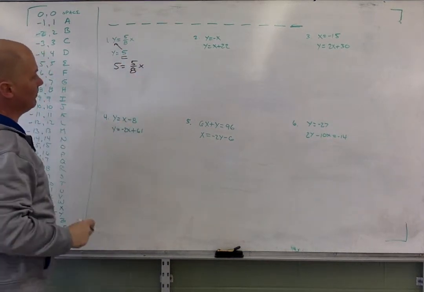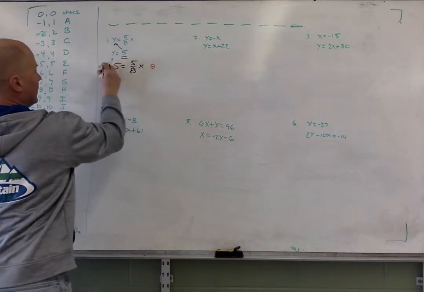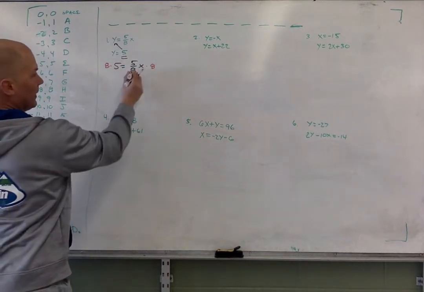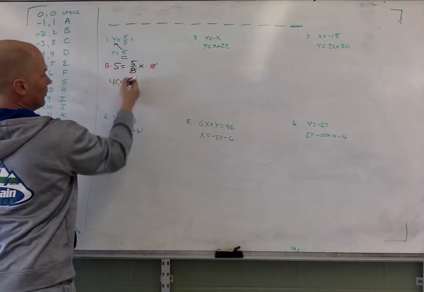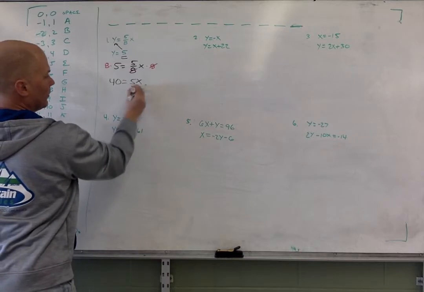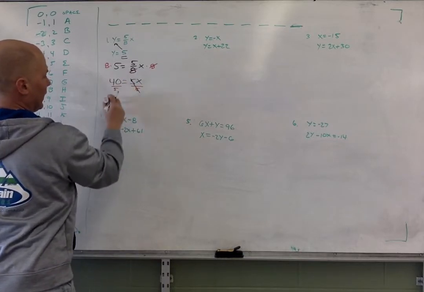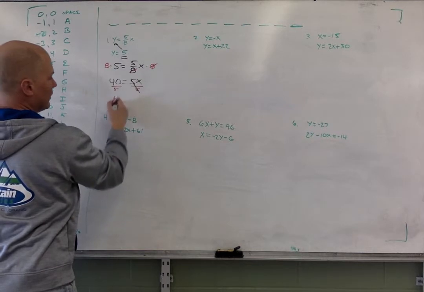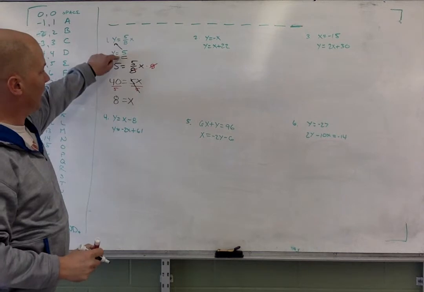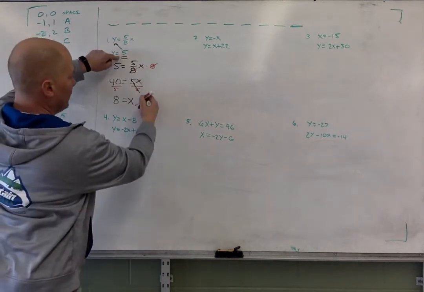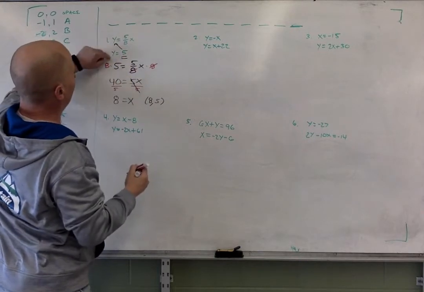So we have that. We're going to multiply both sides by 8. When we multiply both sides by 8, that will cancel that out. And on the left, we'll get 40 equals 5x. We'll divide both sides by 5. And we'll get 8 is x. So we know that the coordinate 8, 5 is the solution of these two equations.